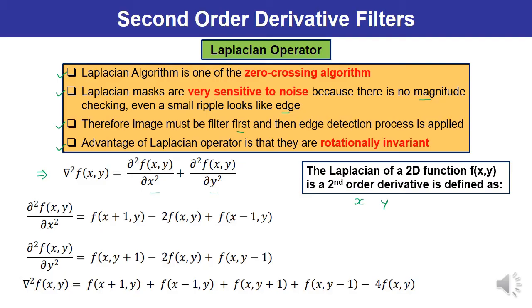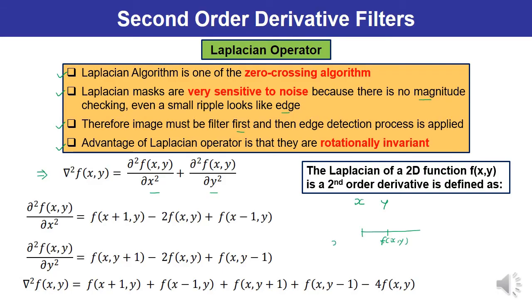So if you write these coefficients individually, del square f upon del x square is f of x plus 1 comma y, minus twice the center pixel, plus f of x minus 1 comma y. Here you can see the mask: this coefficient is the center pixel value, which is x y.